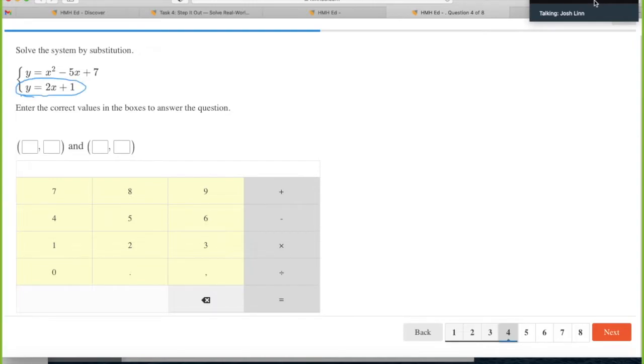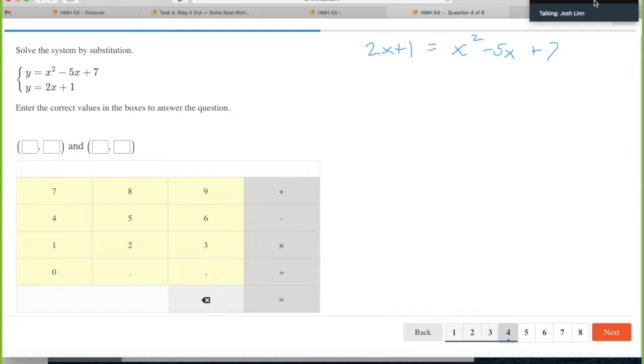So we're just going to take this bottom one and plug it in everywhere we see y up on the top one. So it simply turns out that it's going to be 2x plus 1 equals x squared minus 5x plus 7. So we didn't just set them equal to each other, we substituted in for that y. So just so you know.